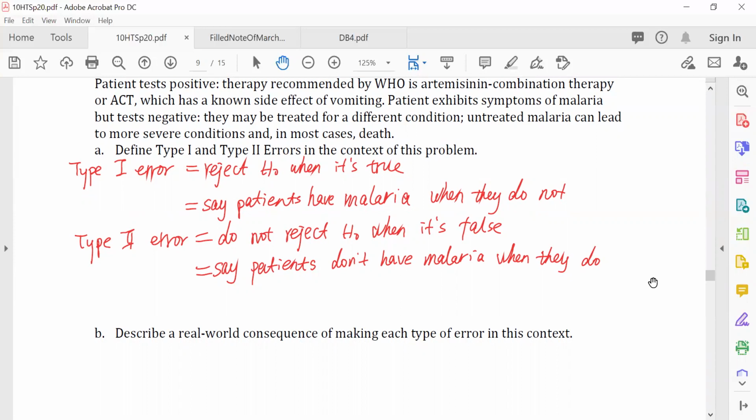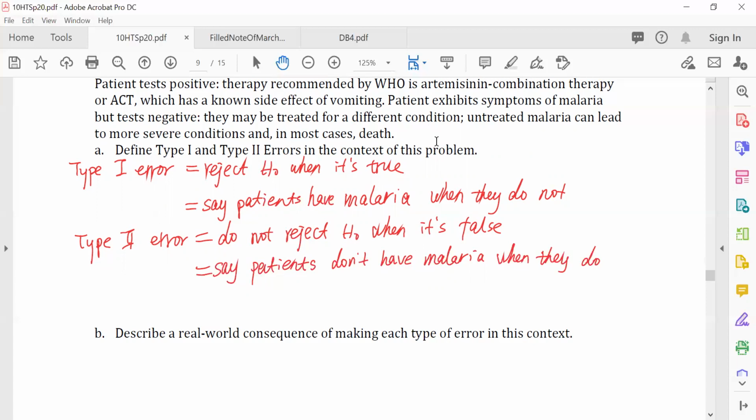They may experience some bad side effects, like it's showing here, vomiting. If you made a type 2 error, which means the patient does have a deadly disease, but you didn't detect that, you didn't treat the patient, and the patient does not have any treatment. You say the patient does not have malaria, then what's the worst case? The people die.